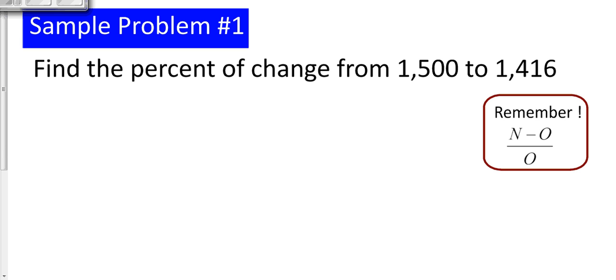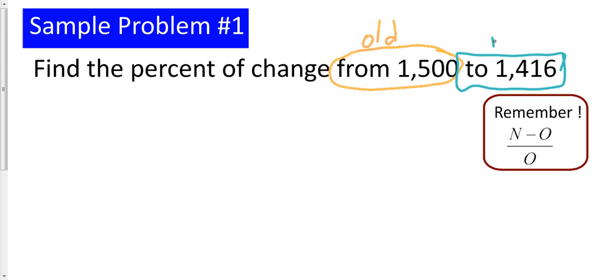All right, here are a few for you to practice on your own. I want to identify the new and the old, so I'm going from 1500. This is my old. And I'm going to 1416. This is my new amount. So I'm going to start with 1416, and I want to subtract 1500 from that, and I'm going to divide everything by 1500.